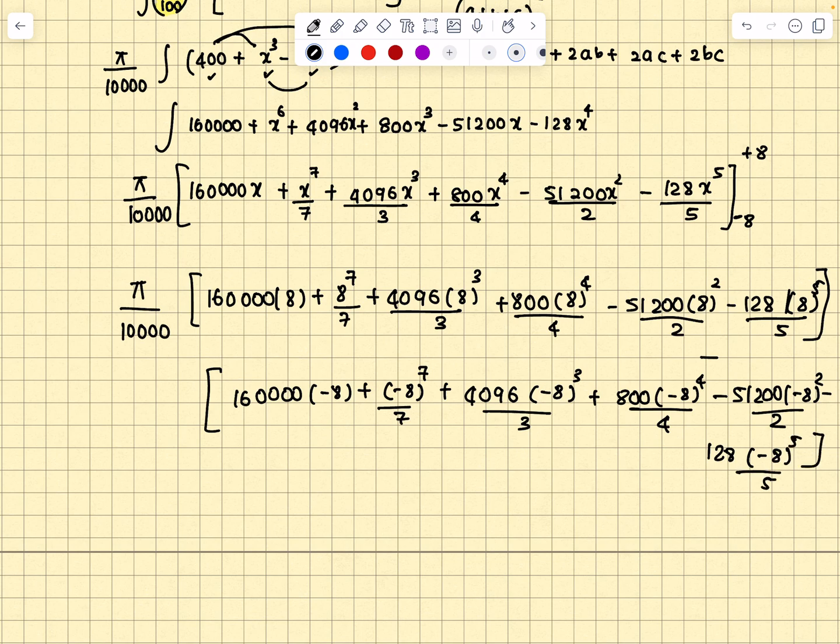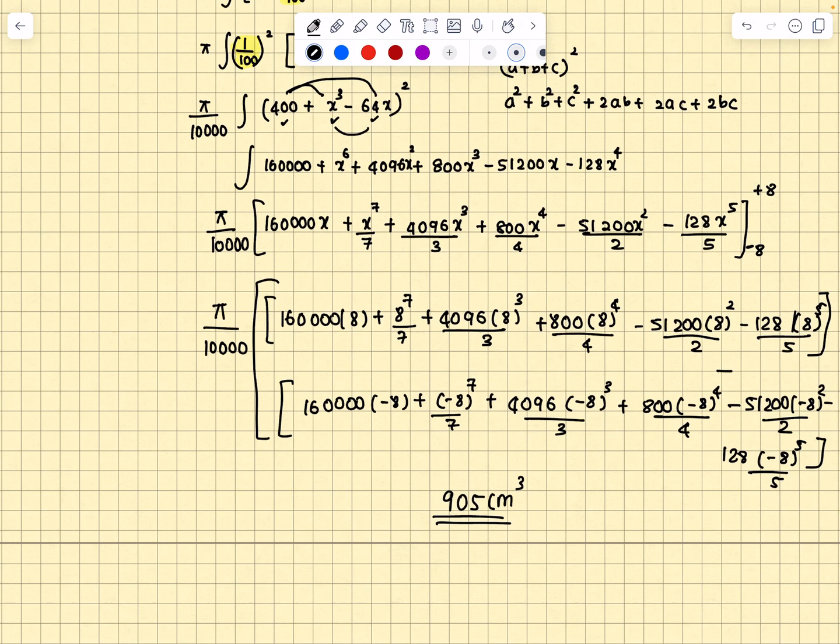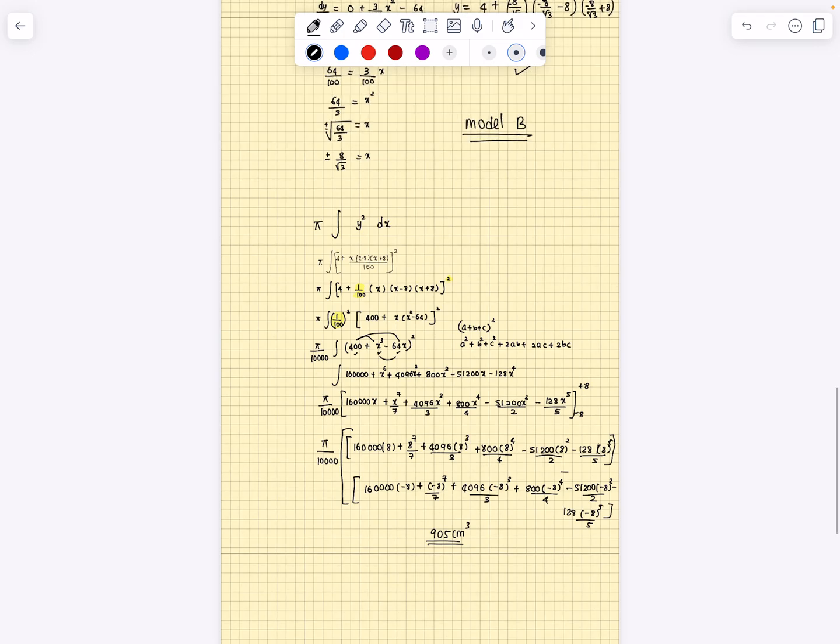I've written all the method for you to understand it, but all of that times the pi over 10,000 should have given you approximately 905 centimeters cubed. Slowly and carefully put it in the calculator, and then it'll give you the answer.